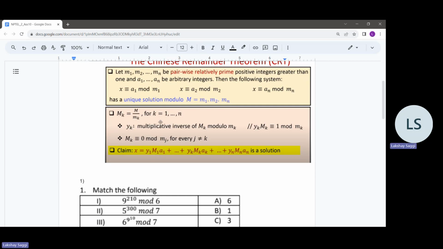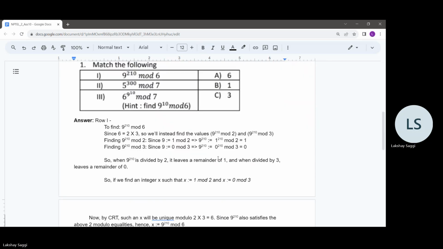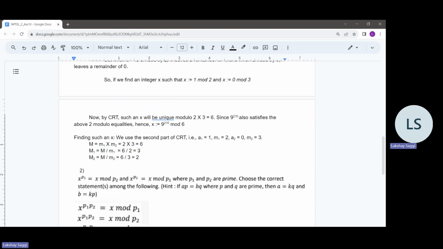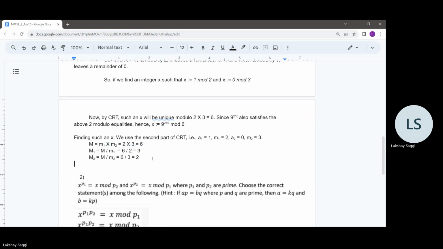So y1 is nothing but the multiplicative inverse of capital M1 with respect to small m1. I'll just write it down here.